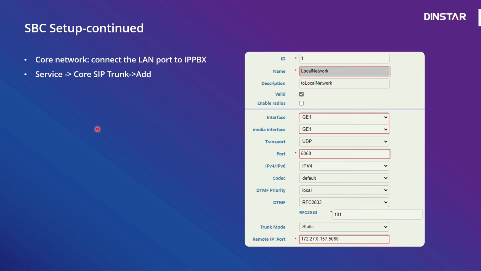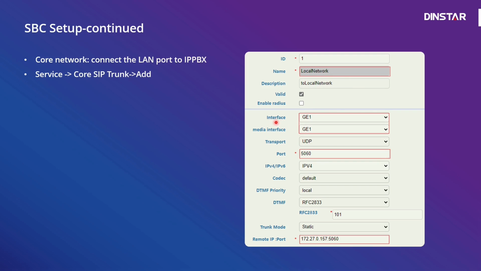After that, you have to configure the core side, since the access network we created on the last slide is controlled by the public network. You have to forward your public network to the core network. Here we have the LAN port to connect your PBX, since your PBX is in the internal network. Same thing: you go to Service in the GUI, and click Core SIP Trunk, with the parameters and description here.